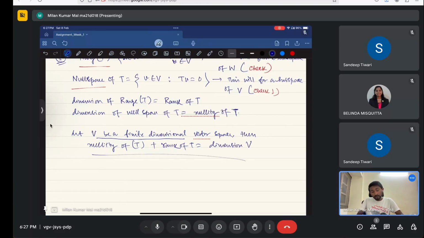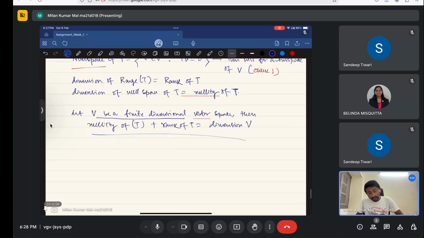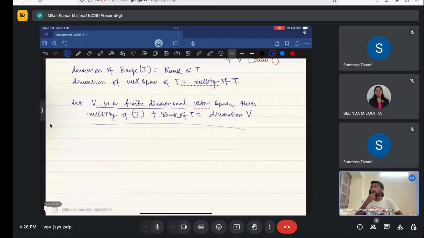For example, for an infinite dimensional vector space, what can one consider? One can consider the space of all polynomials, and T is something like this: suppose p(x) is a polynomial, that will be something like the sum of a_i x to the power i, i equals 0 to some finite number n.